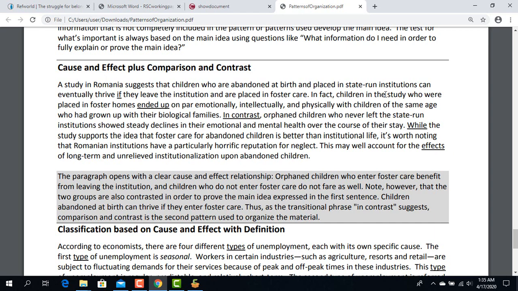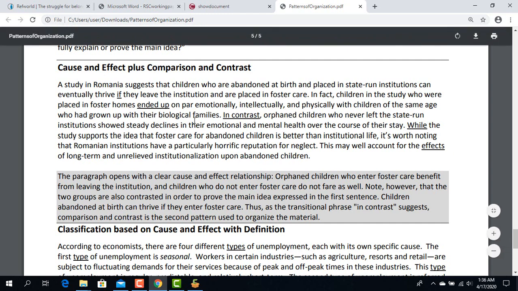In fact, children in the study who were placed in foster homes ended up on par emotionally, intellectually, and physically with children of the same age who had grown up with their biological families. In contrast, orphan children who never left the state-run institutions showed steady declines in their development.